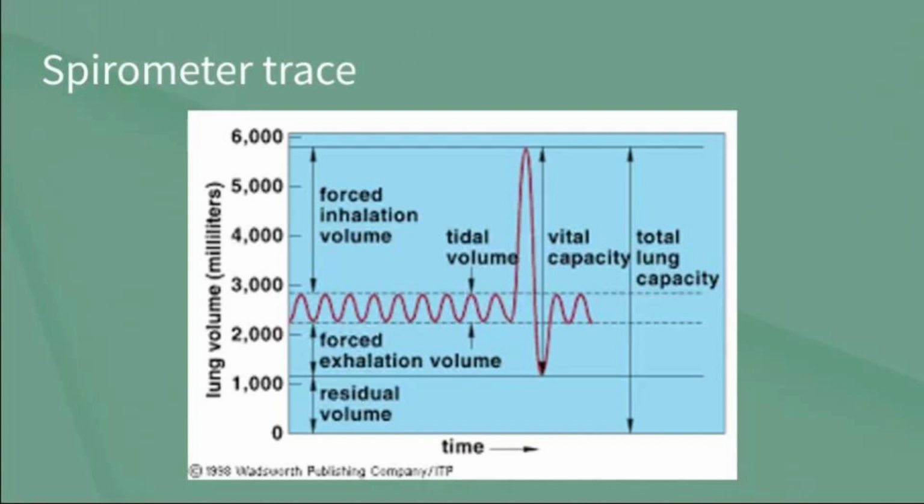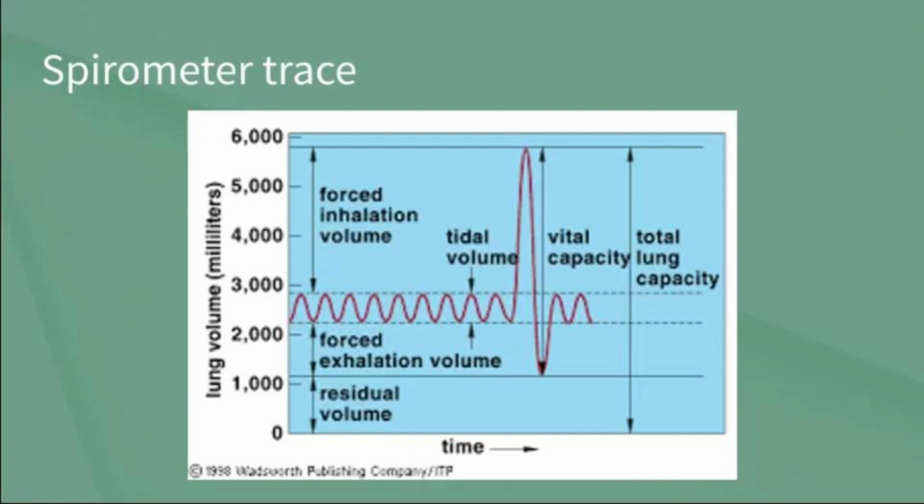So we get a tidal volume plus the reserve volume, which is the vital capacity. And you can see that the lung volume peak increases much more at inhalation, and then it dips below what we saw for tidal volume for the exhalation before returning to tidal volume.